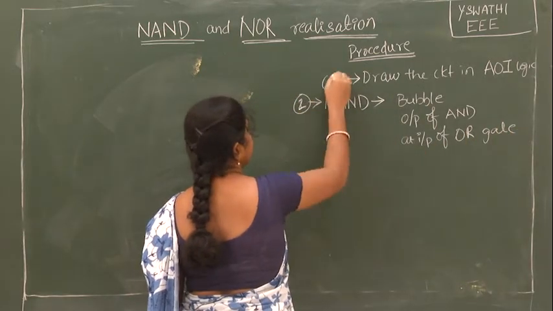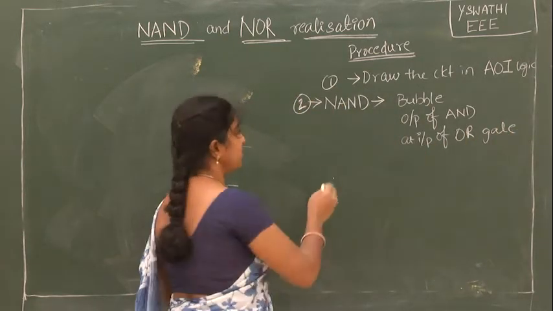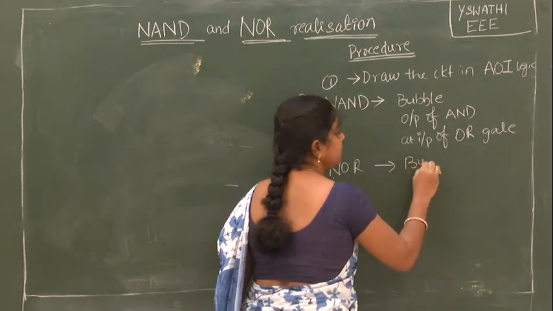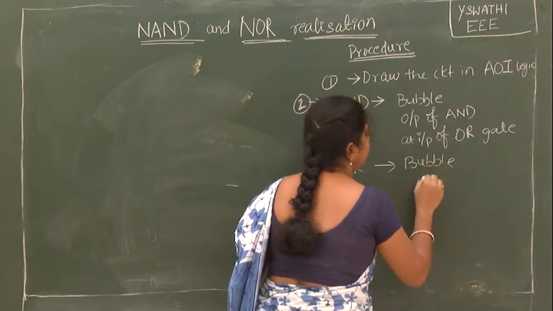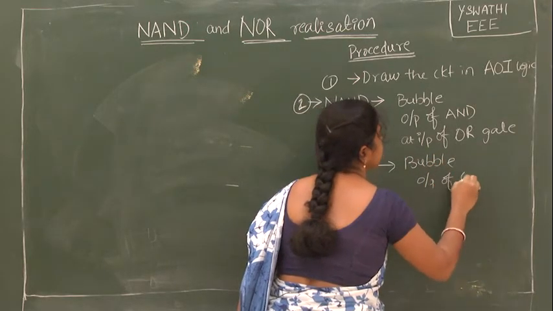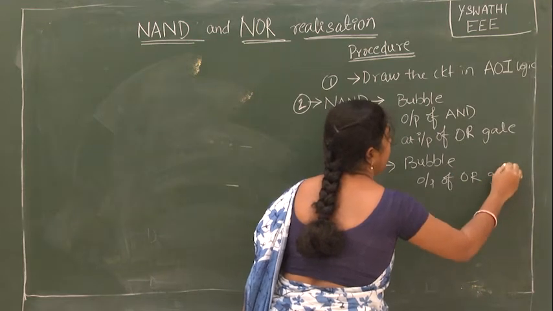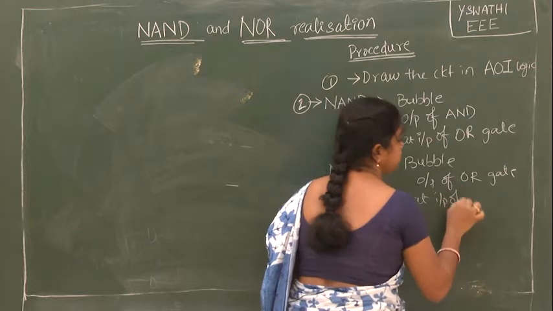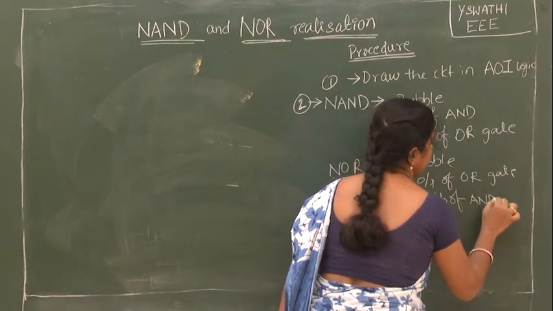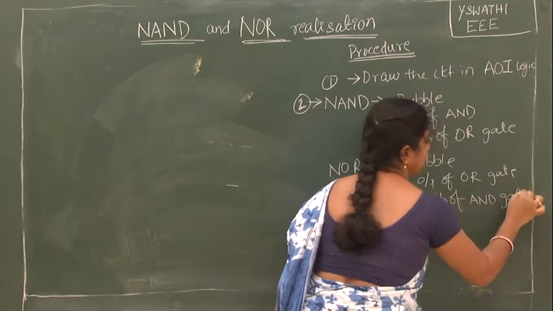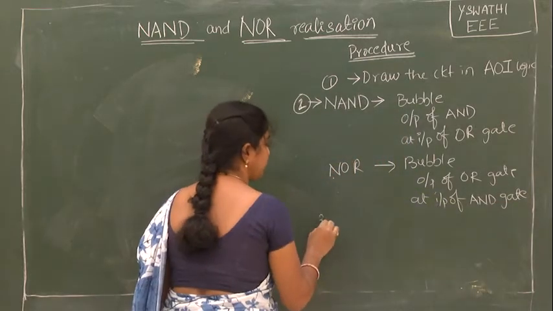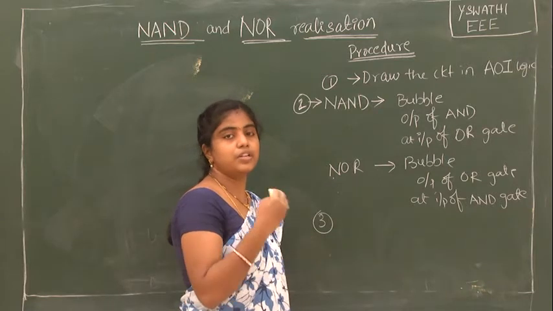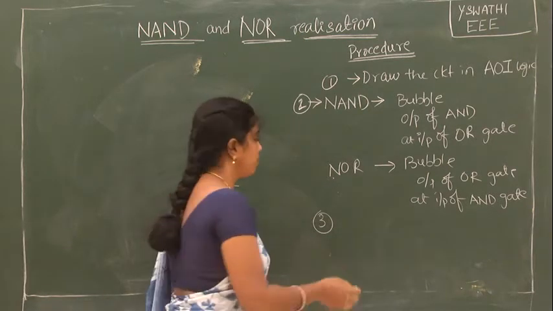This is the second step. If it is a NOR gate realization, you have to bubble the output of OR gate as well as the input of AND gate.